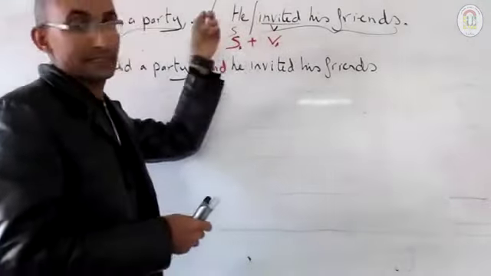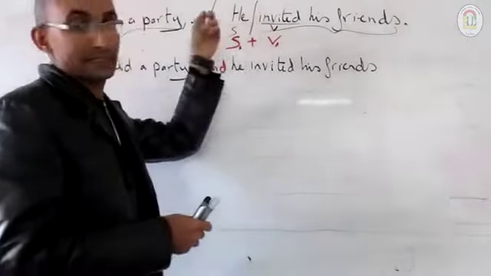Y for yet, to express contrast like but. And S for so, to express result.